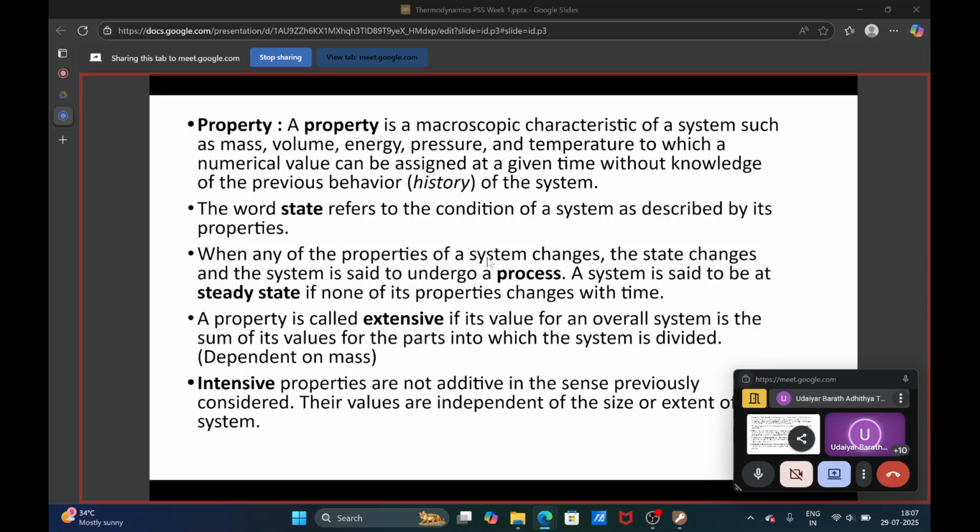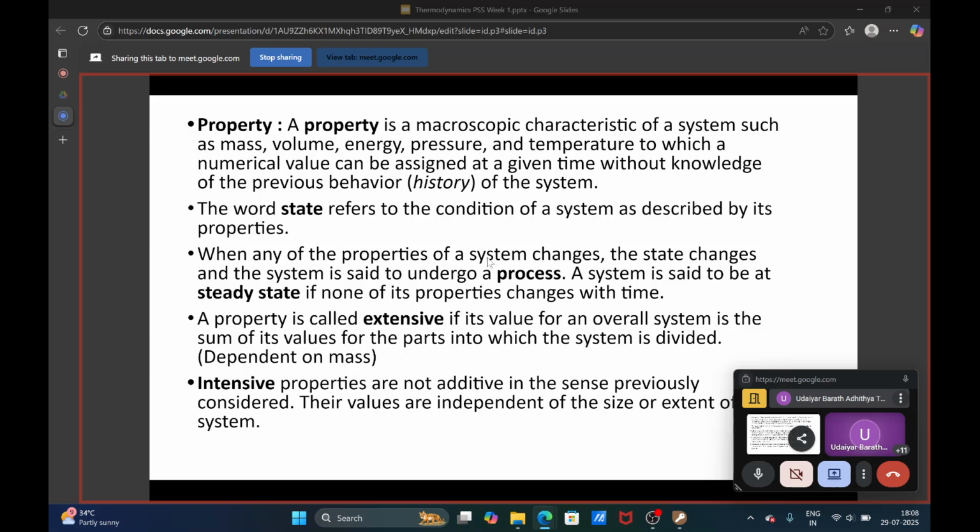For example, if you take 2 kgs of water and split it into two parts, the mass in each part changes. If you split it equally, you will have 1 kg and 1 kg. But you know the density of water, 1000, so both will have equal densities. The density is irrespective of splitting it into smaller parts, and it will remain the same. So that is an intensive property.